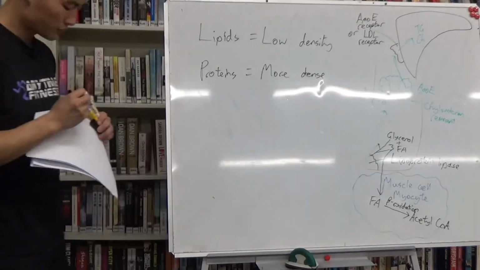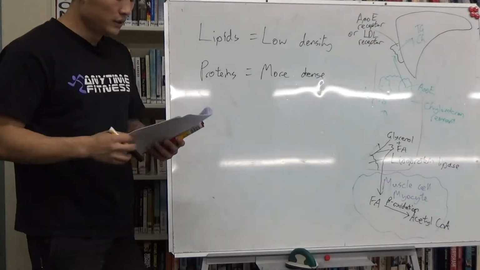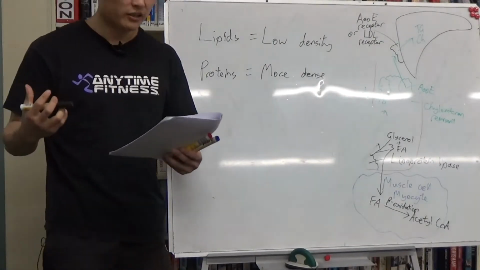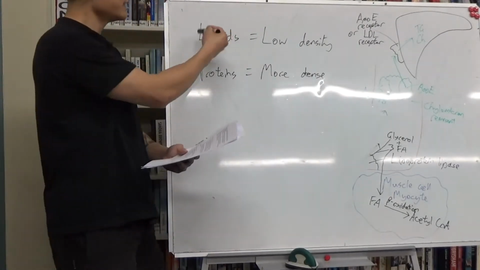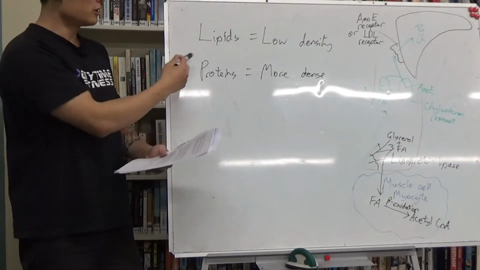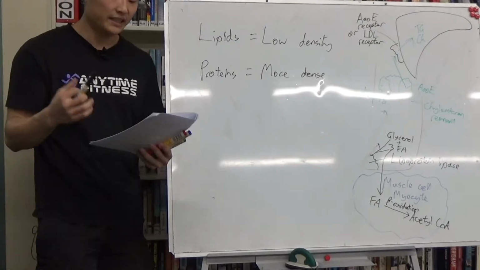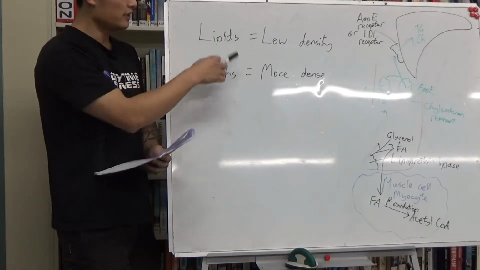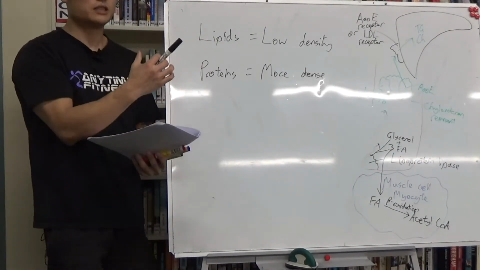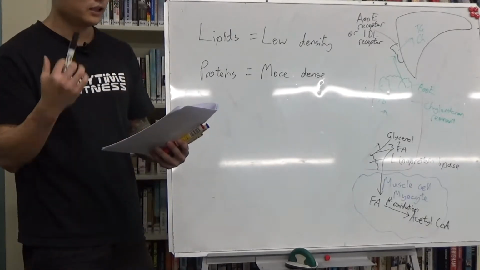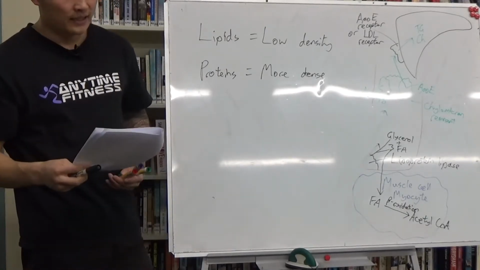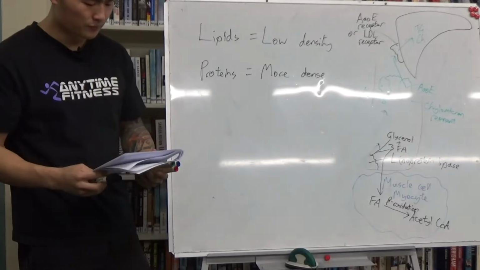Okay, so if you have a chylomicron, it's mostly lipids, so it's got a little bit of protein, but compared to your other lipoproteins, it's got the highest fat content and the lowest protein content, which means that it's the lowest density, and it's also the largest in size.